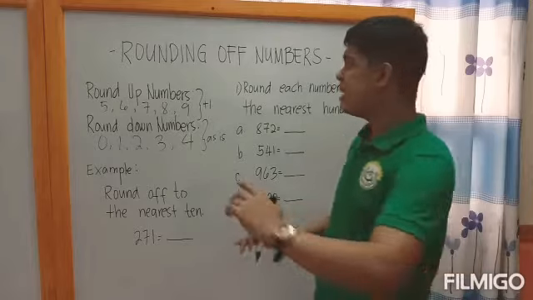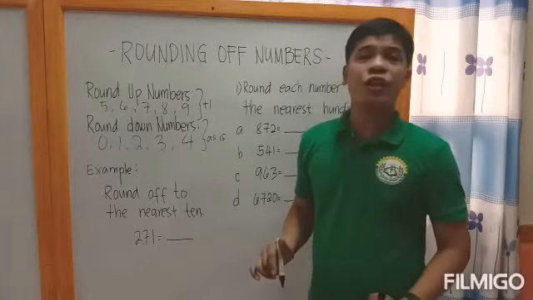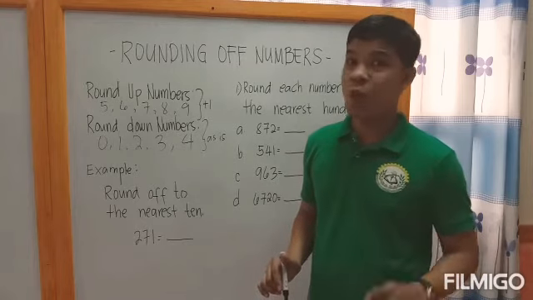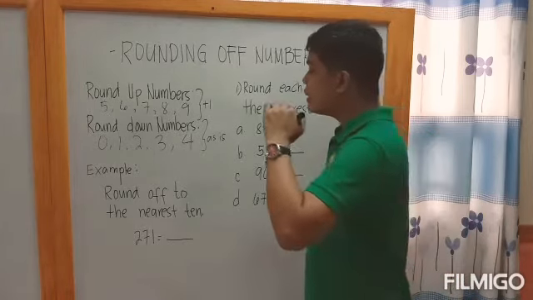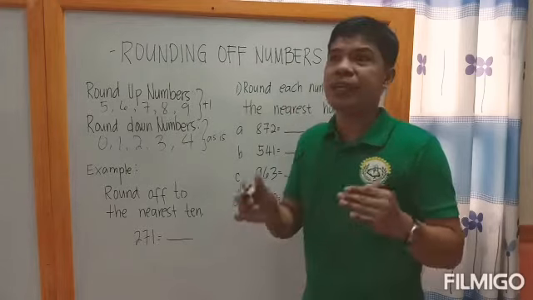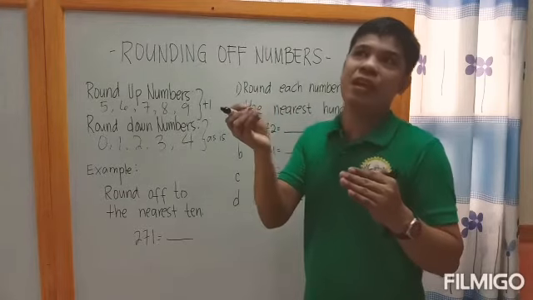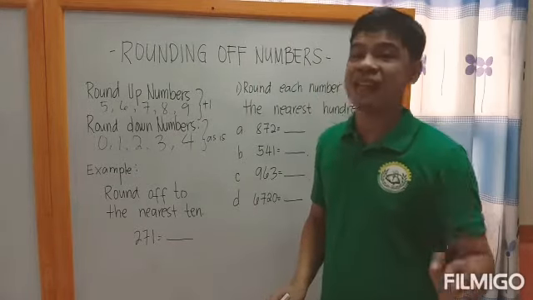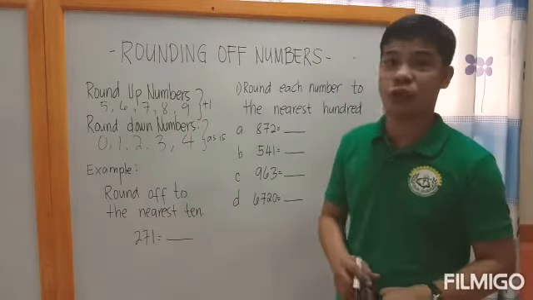Now class, in doing this lesson, you need to remember the place values, because you will be using those concepts to identify the tens, hundreds, and thousands or ones.